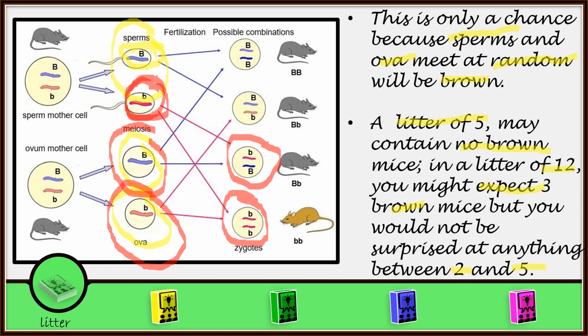So we can cross and get litters with a ratio of 1 out of 4 being brown, but it can also be 5 individuals in a litter without a brown one, and all of them are black. When we have 12, we would expect a litter to have at least 3 brown mice, but you should not be surprised to find between 2 and 5.